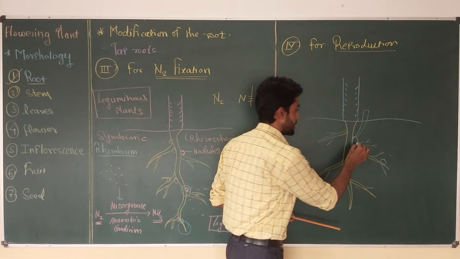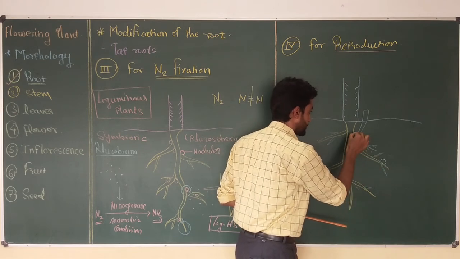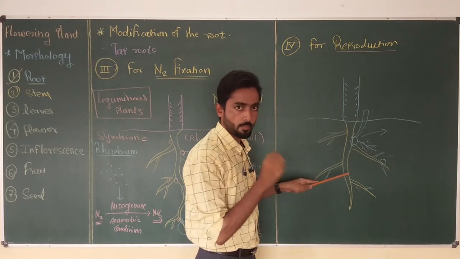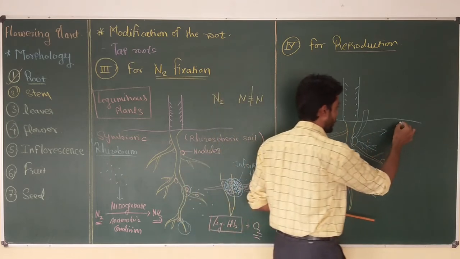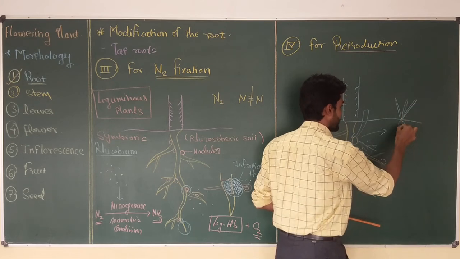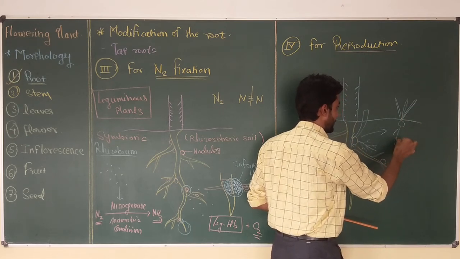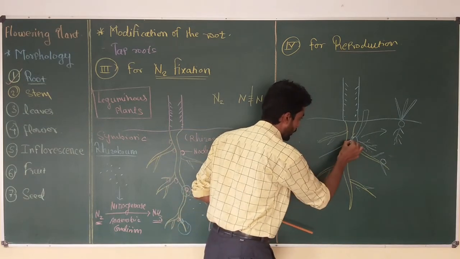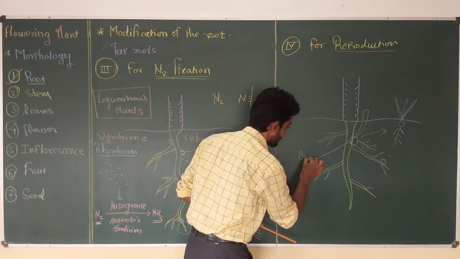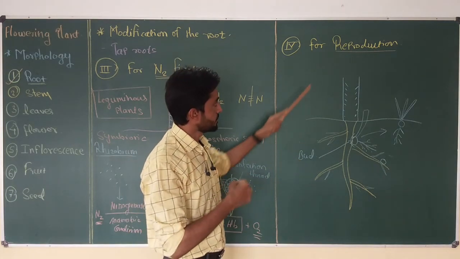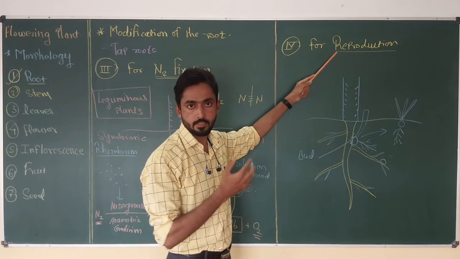Finally, this bud gets detached from the main axis or main root, and now this bud can grow as an individual plant. So formation of buds is the important step in reproduction in this type of root.